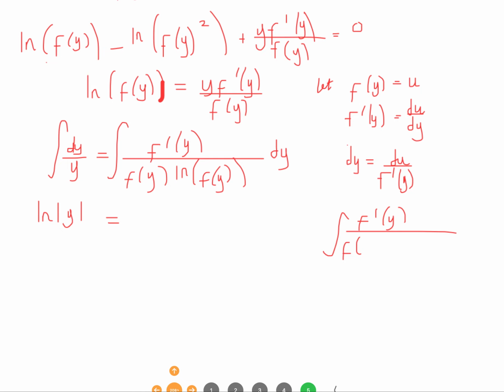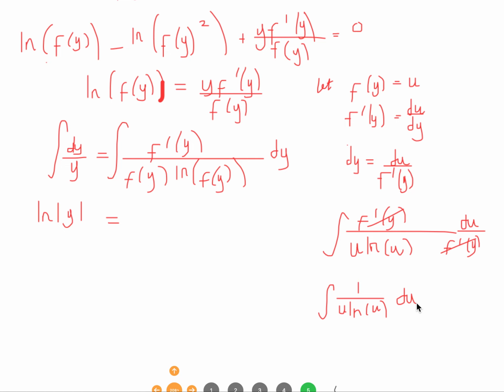Our denominator is going to be, well, f of y is u, isn't it? So it's going to be u ln of u du over f dash of y. So that's going to cancel with that. So we have the integral of 1 over u ln of u du, which still isn't very nice.